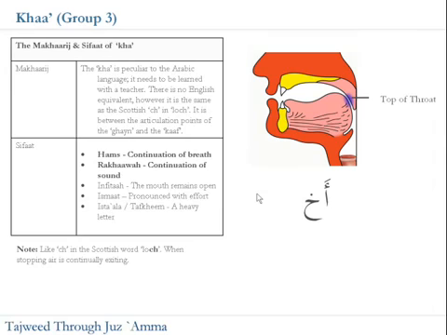Then we have the ha. Now this is a sound that is quite peculiar to the Arabic language. However, in the Scottish language they have the word loch, and that's the same sort of sound, and it's a letter that requires you to slightly constrict the throat.